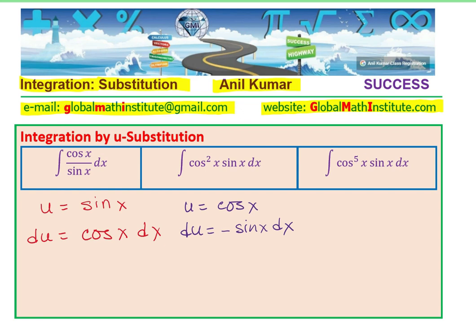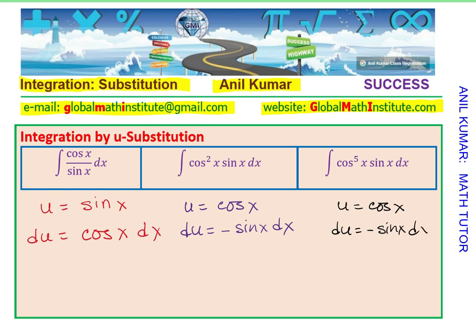And in the third case, again, we have two different types of functions, cos and sine, and both degrees are odd. Now, in this particular case, you can assign either one as u. So, better to substitute u for cosine, right? So, u will be equal to cos x and du will be minus sin x dx. With this substitution, you can actually solve the questions.